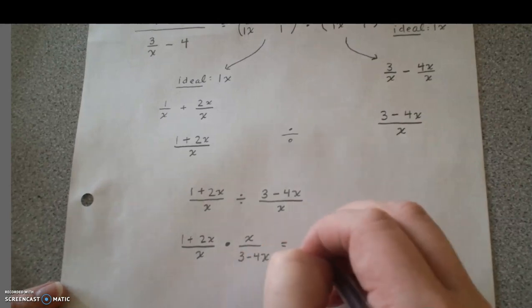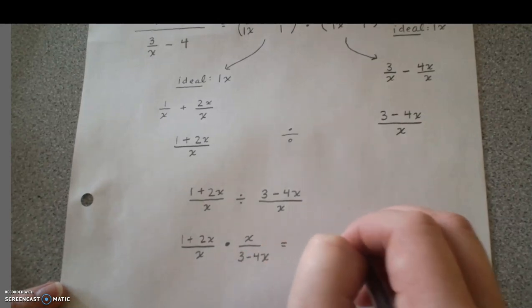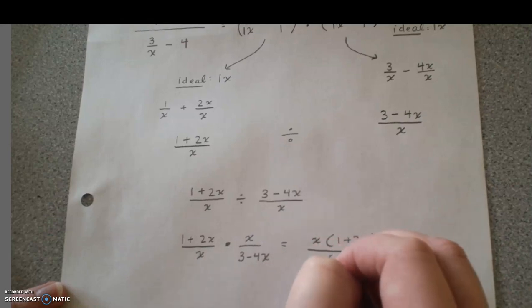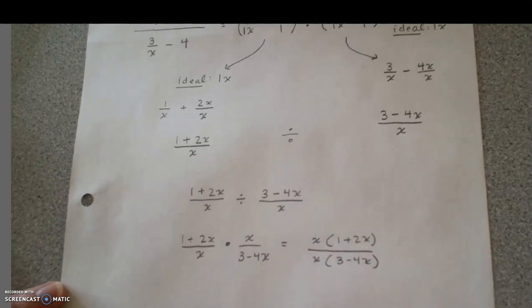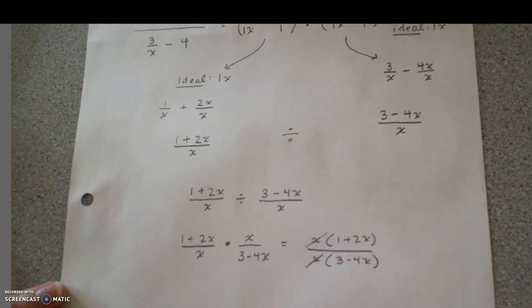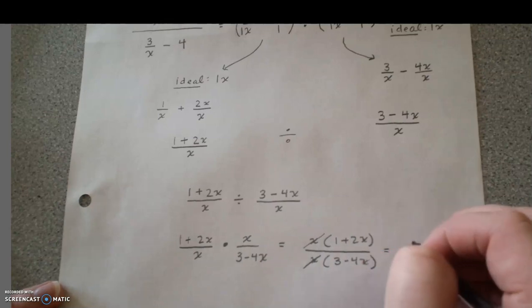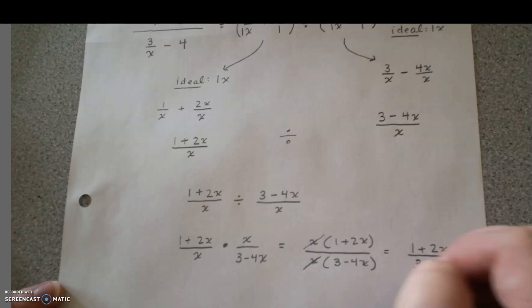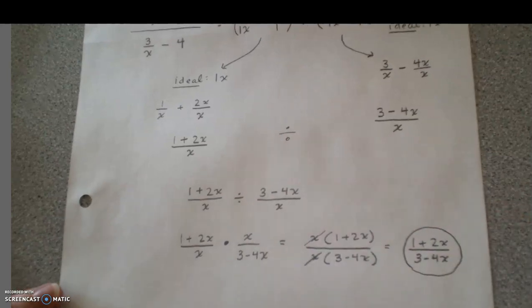So now when I multiply, I get x times 1 plus 2x over x times 3 minus 4x. I should have simplified first. I didn't though. That's okay. So my x's cancel out, and I'm just left with 1 plus 2x over 3 minus 4x as my final answer.